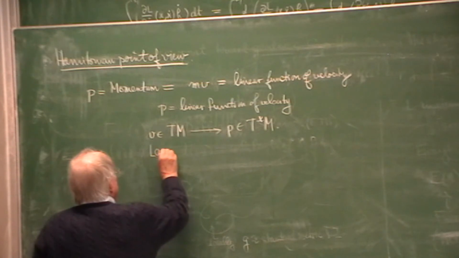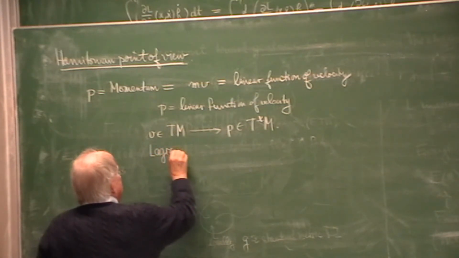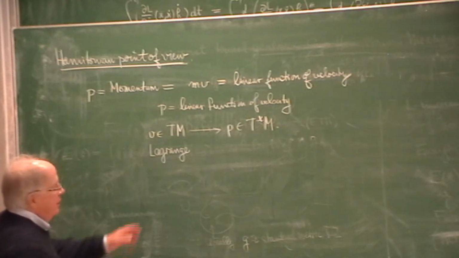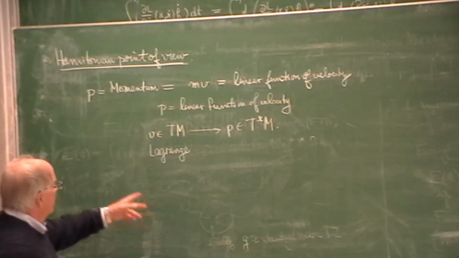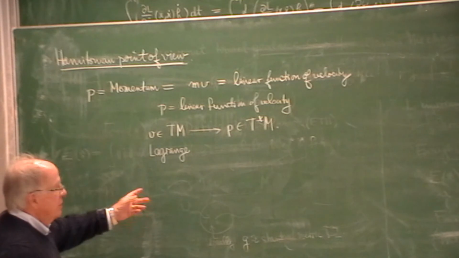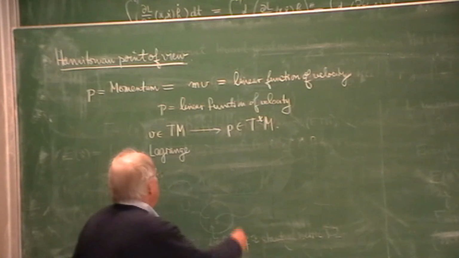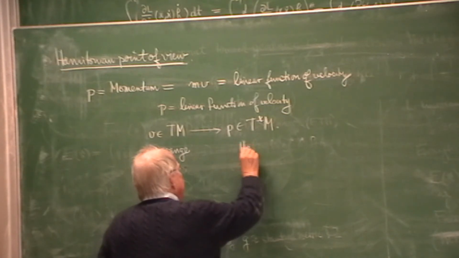Well, the word you want to put here is Lagrange. Because we had the Lagrangian and talk about a Lagrangian theory and all of this stuff here. And the famous name you want to put here is Hamilton.